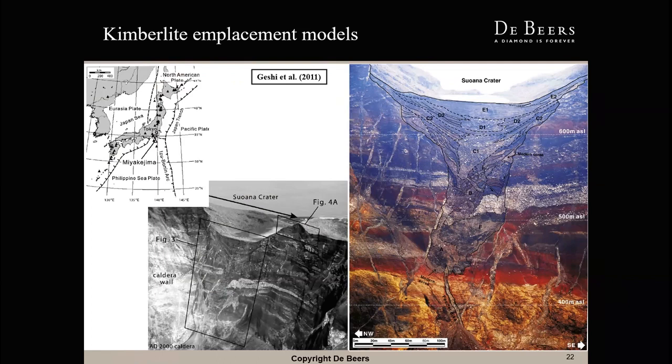Now, in 2000, this volcano erupted catastrophically and blew a large caldera in the island. But prior to that, there was a series of phreatomagmatic maars that actually occupied the island. And this caldera basically truncated one of these maars in a perfect section view. And this is what you can see over here on the right-hand side.